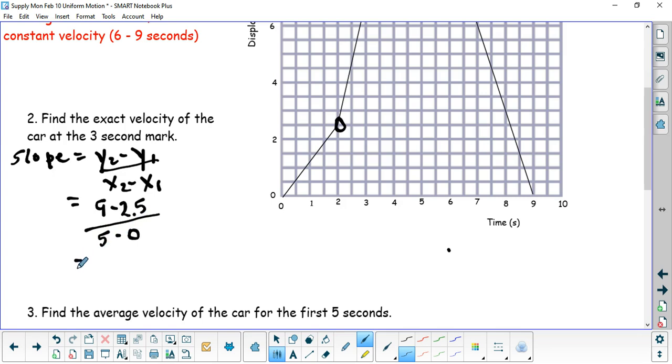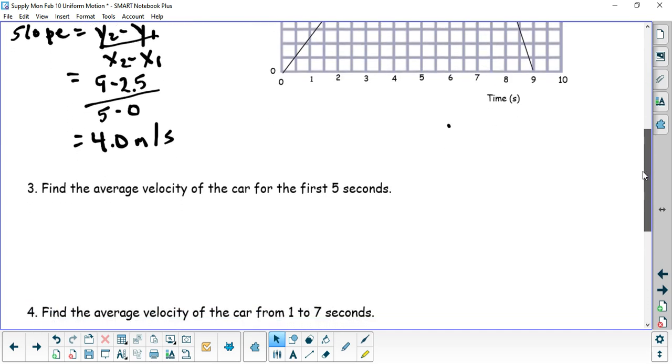So when I do the math on that, I get 4.0 meters per second. Sorry, I had a moment. Meters per second. And that's because I'm taking the meters, the displacement, the rise, and dividing by the run, the time, and I get meters over seconds, or meters per second, my velocity.